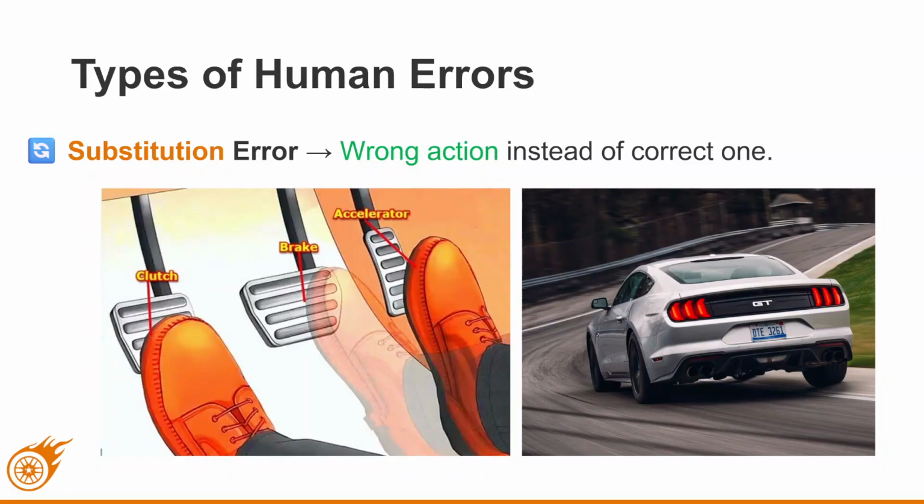So, two birds with one stone. There's how much force these different pedals require, and also distinctive shapes so that you can tell the difference between them. Providing proper spacing between pedals is necessary as well, so that they're not so close that you might mistake them for each other. So that's kind of the takeaway here.